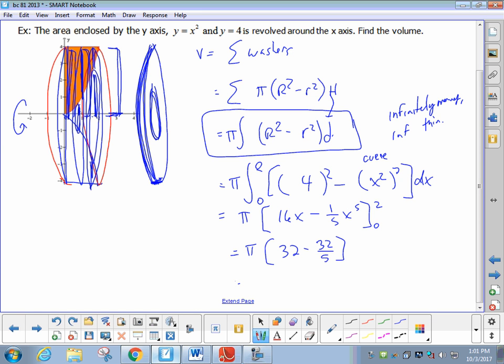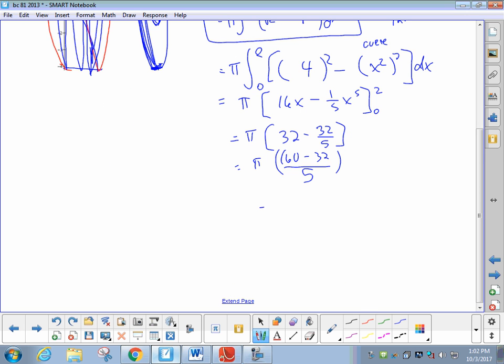What is the common denominator? 5. So 32 becomes 160 minus 32 fifths. So our answer is 128 pi over 5.